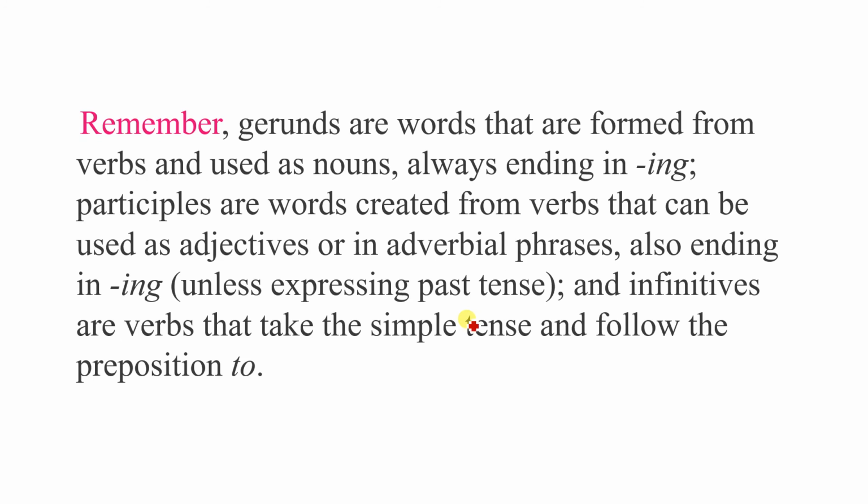Now, one thing you have to remember about gerund and participle. Gerunds are words that are formed from verbs and used as a noun, and they always end in -ing. Participles are created from verbs and can be used as adjectives or an adverbial phrase.